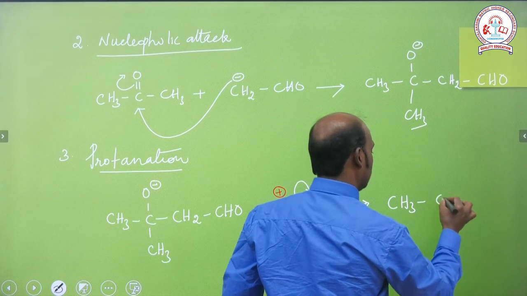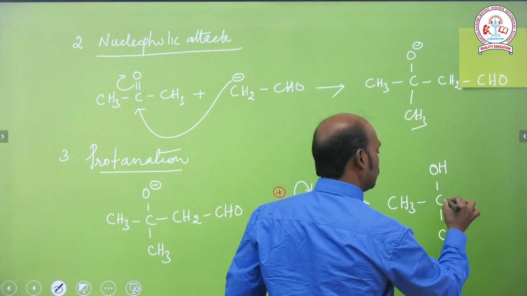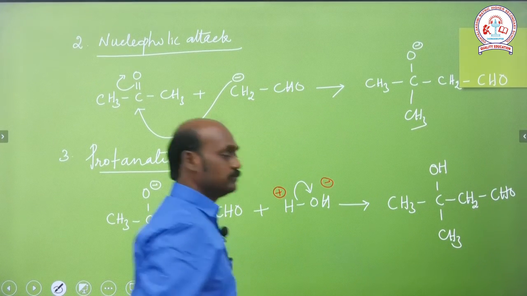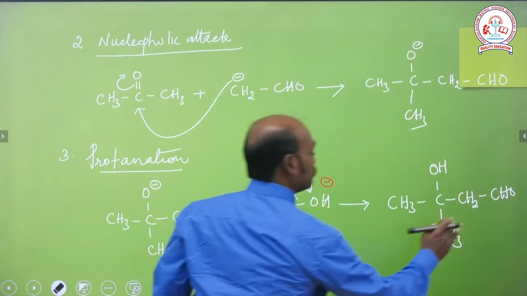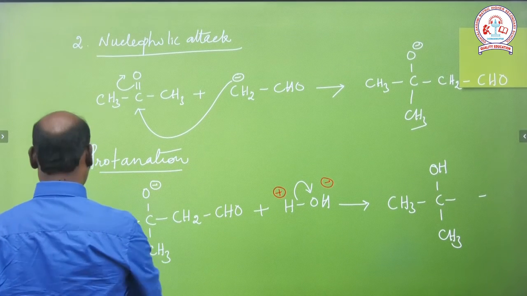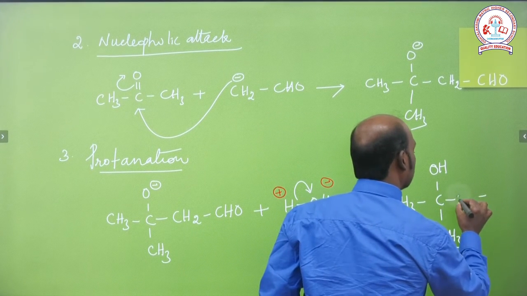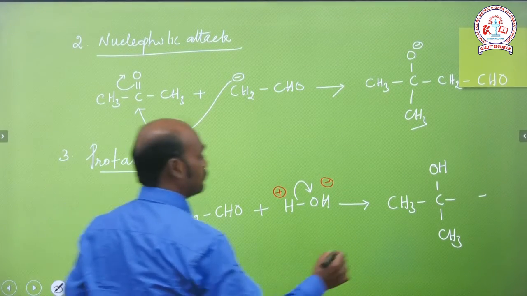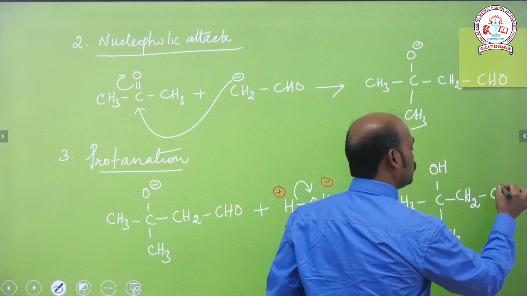CH3 COH CH3 CH2 and CHO. What is the name of the compound? CH3 COH CH2 CHO.